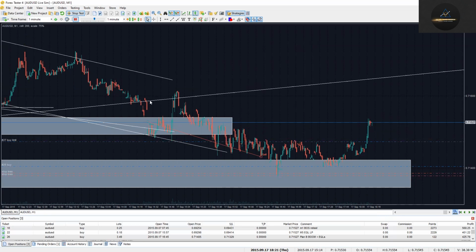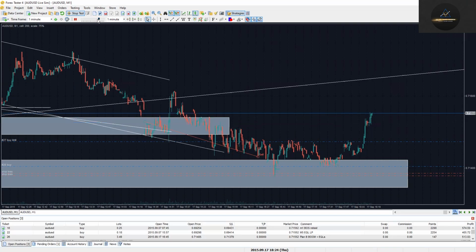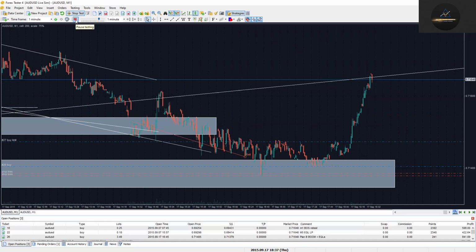I'm going to leave it there so you guys can see what the difference is. So that risk is being reduced by 50%. So we should have about just under 0.5% risk, if my math is correct.